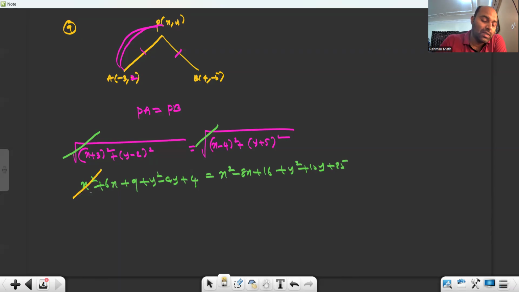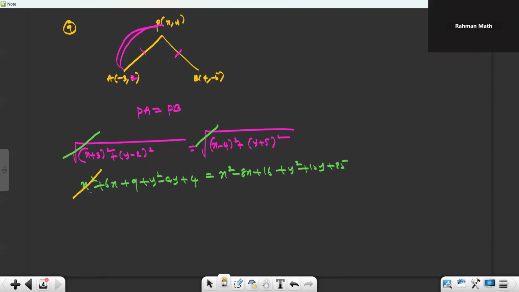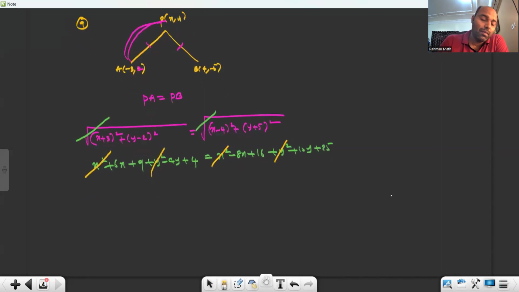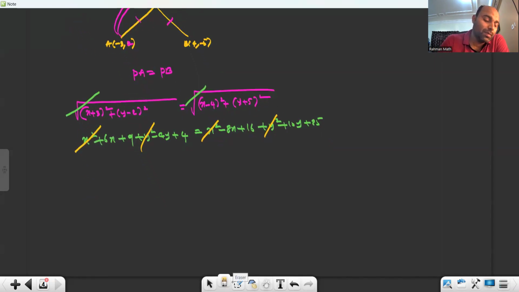So start cancellation. x square and x square cancelled. y square and y square cancelled. Now remaining things, all x terms. Here 6x, minus 8x you transpose, so plus 8x. Minus 4y minus 10y equal to, all the numbers I'm keeping on the other side. Everything x, y are transposed.